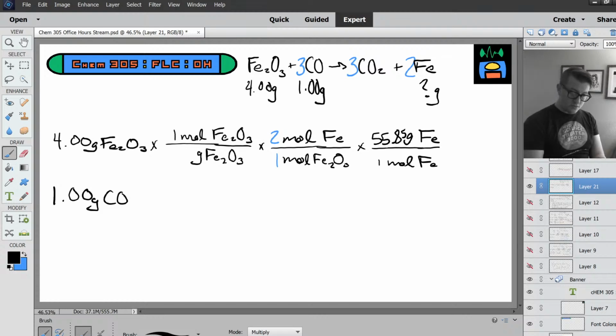All right, now we just have to calculate our molecular mass. Sorry, we don't calculate the atomic mass for iron. We calculate the molecular mass for iron 3 oxide. Iron has an atomic mass of 55.85. And oxygen has an atomic mass of 16.00.